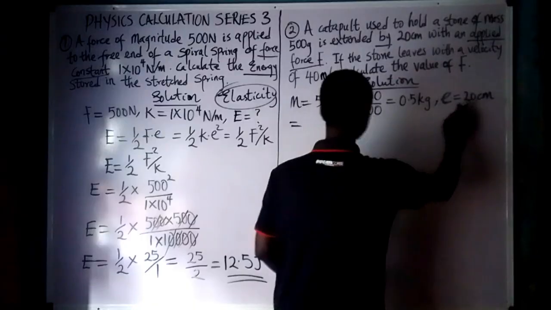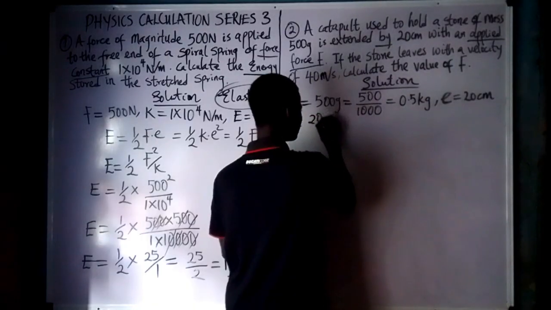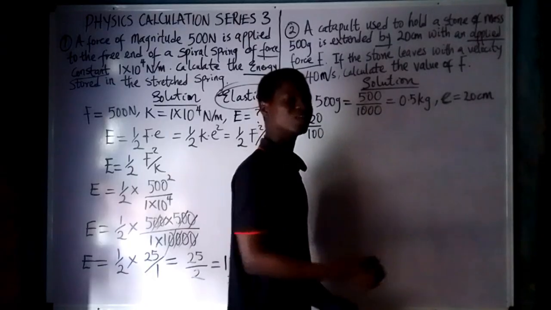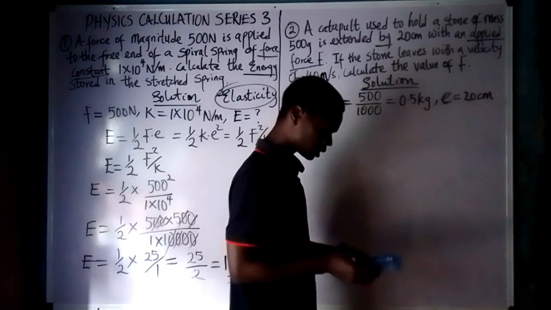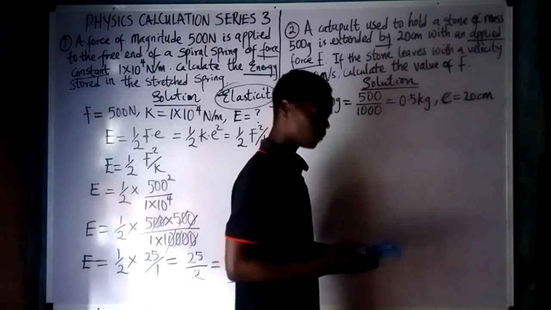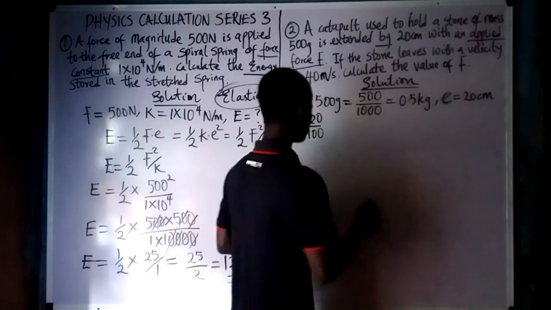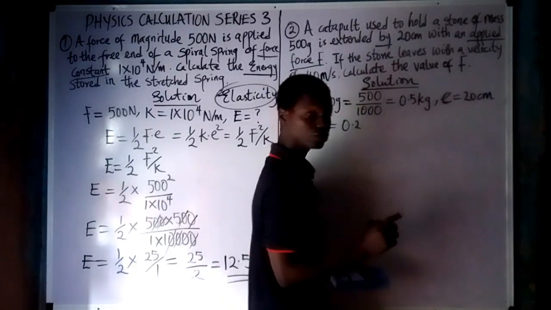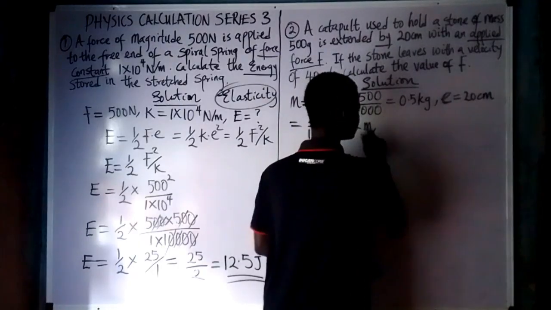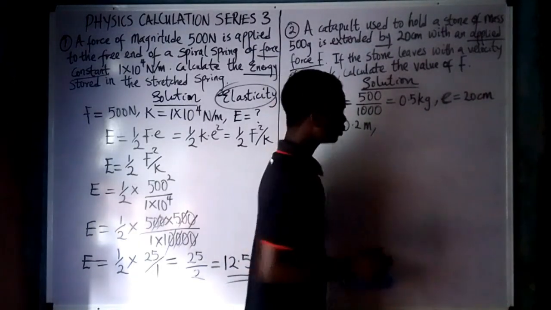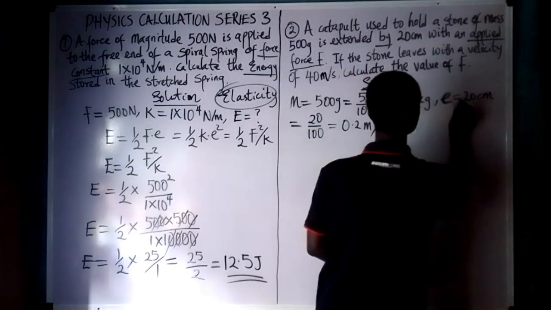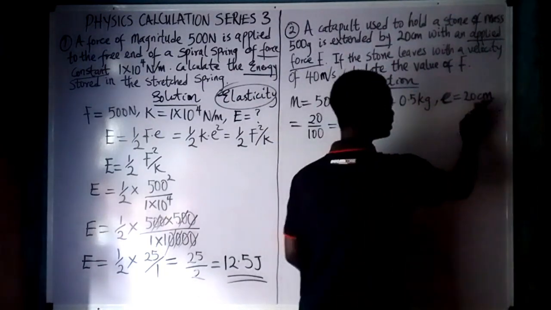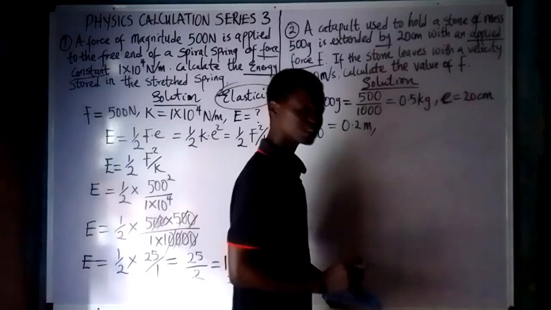So we're given 20. We'll now say 20 divided by 100. Whatever we now get will now be in meter. So let's do that quickly. 20 divided by 100. That gives us 0.2. So come and write equals to 0.2. And what will now be the unit? Meter. And this is the standard unit for length. So our extension, the one we are going to use to solve, is 0.2 meter, not 20 centimeter. I hope that is clear.